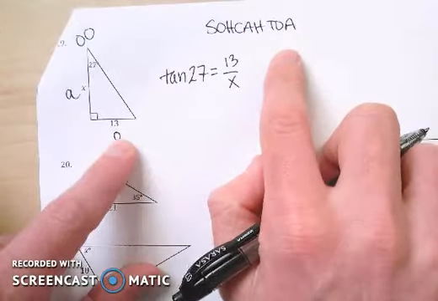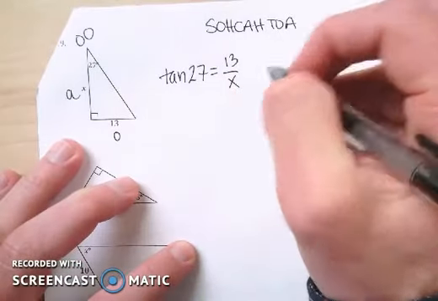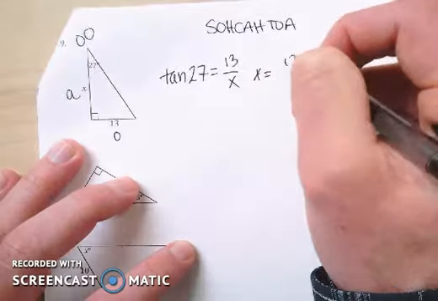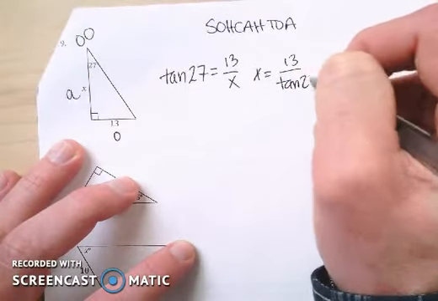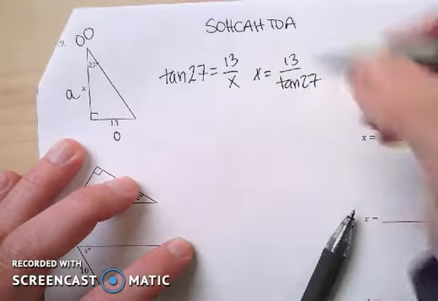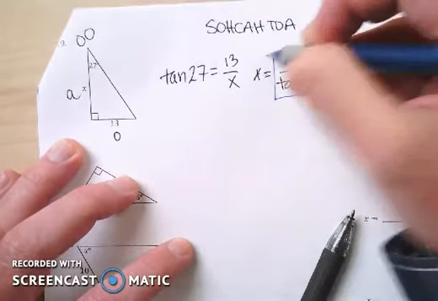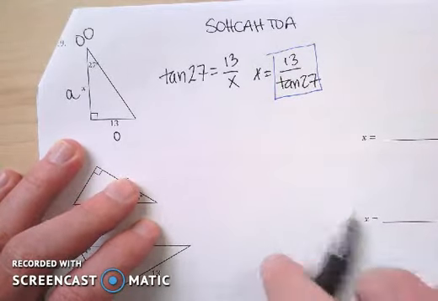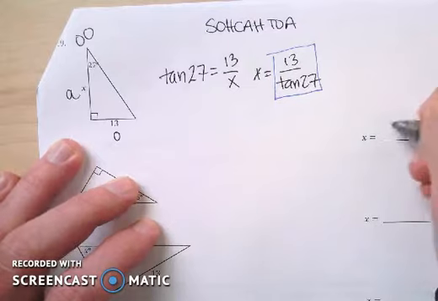TOA, that's why I did opposite over adjacent. So these are going to switch, so my calculator ready form is going to be x equals 13 over tan 27. And so I'll put that in the calculator ready blue. And then Mr. Smith will go ahead and divide this real quick. And we should come up with 25.51.